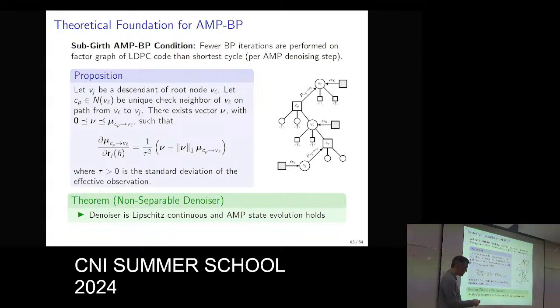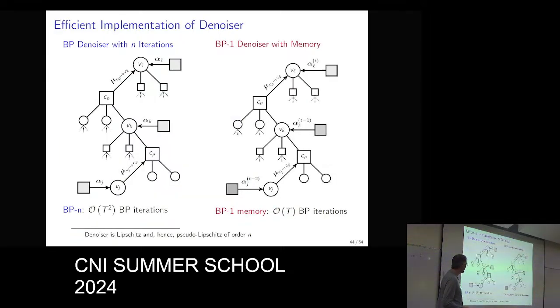But that's quite interesting. It turns out that BP through message passing, as long as you don't go into loops, is smooth enough. Actually, if you go into loops, it may be smooth enough as well, but then the way we proved that this function was smooth enough will not carry over, and the computation of the Onsager term may not be super small. Okay, then we're looking for a reasonable complexity.